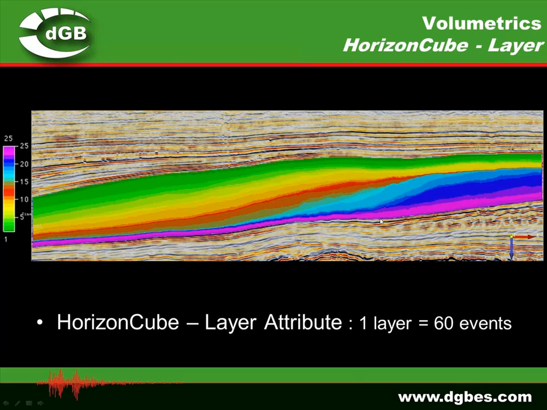Then out of that you can easily extract only one layer, if you want to focus on it, and create a volume with just one layer. The output is just a number from 1 to, here, 25, because I have 25 layers.